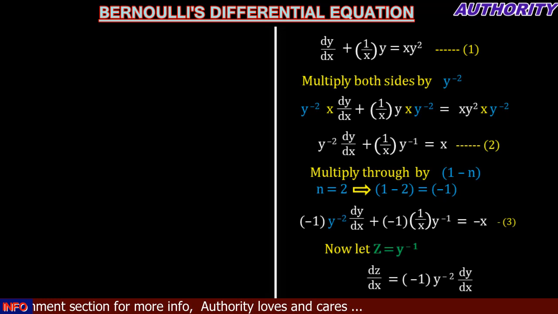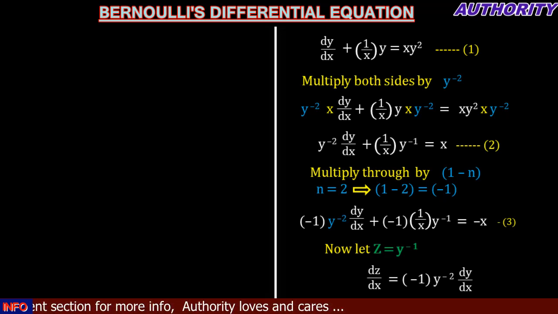Okay, good. Now, in equation 3, look at it very well. We have minus 1 in bracket y raised to power minus 2 dy/dx, and then we have a new value, dz/dx, which is equal to the same thing we have here.